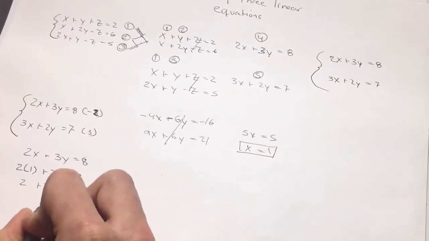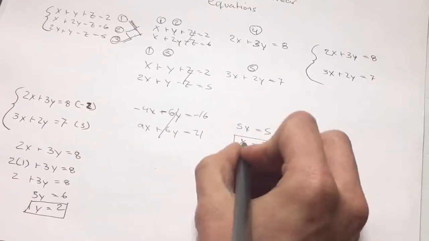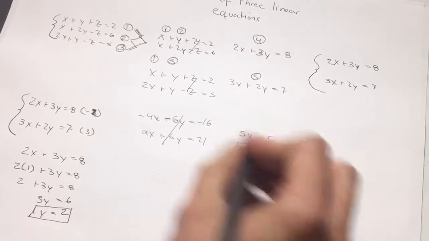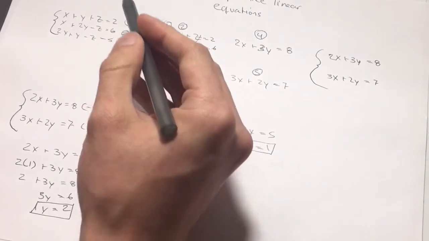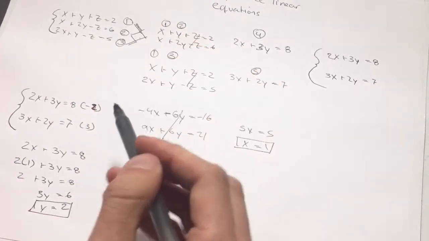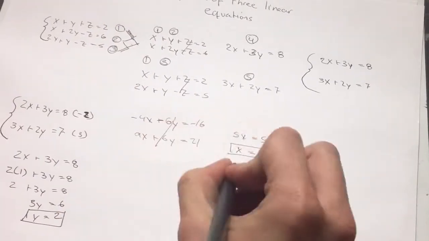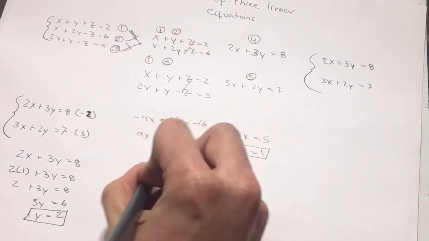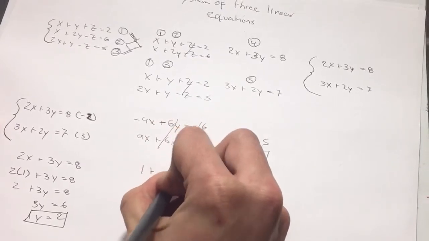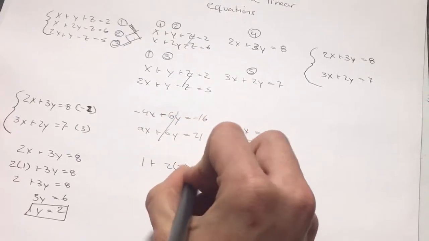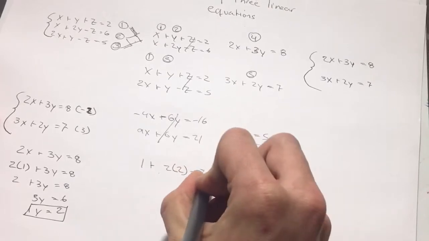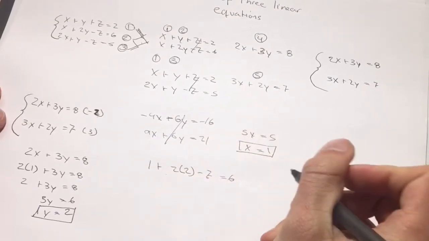We have now y in here. With x and y, we plug it in any of these three equations, number 1, number 2, and number 3. I'll do it in number 2. So we have x, that is 1, plus 2y, that is 2, minus z is equal to 6.